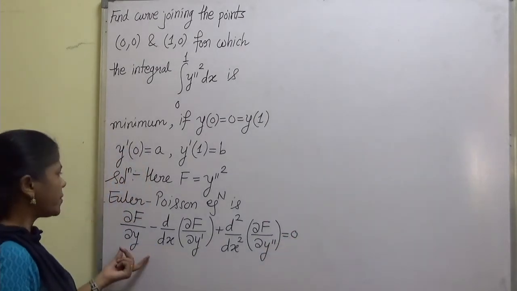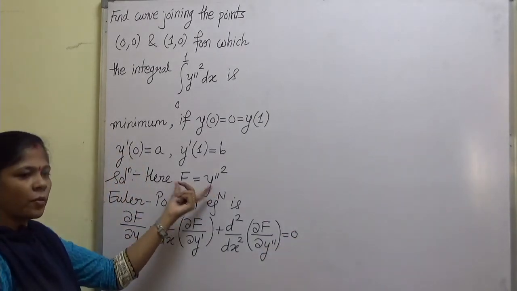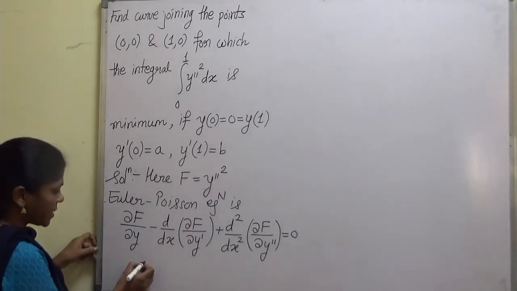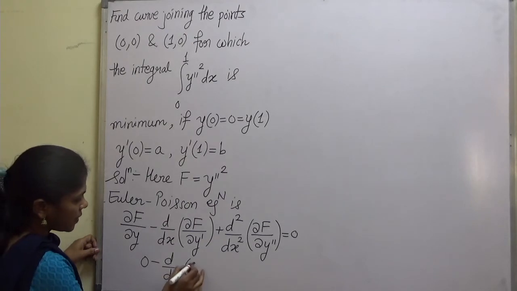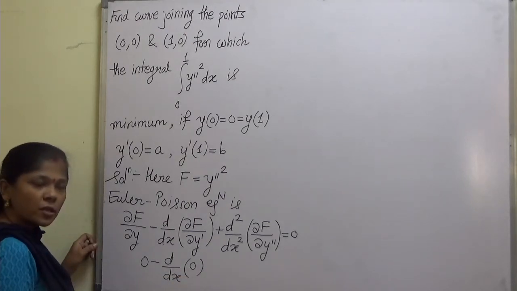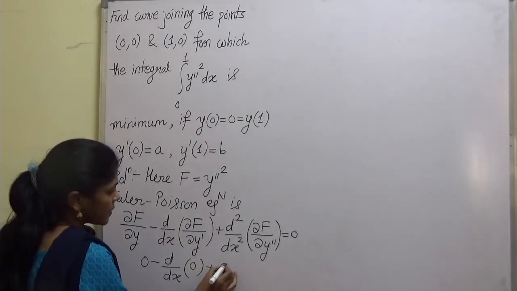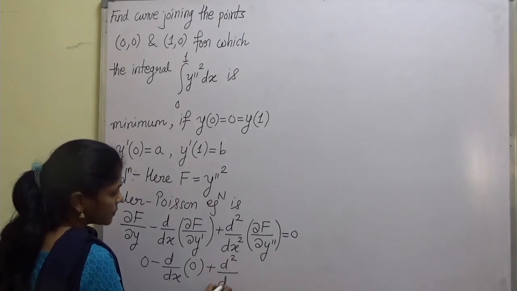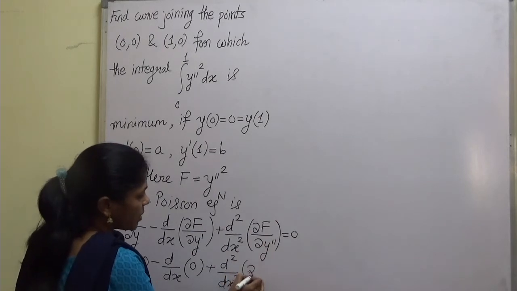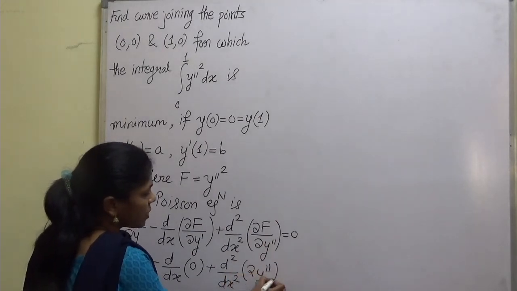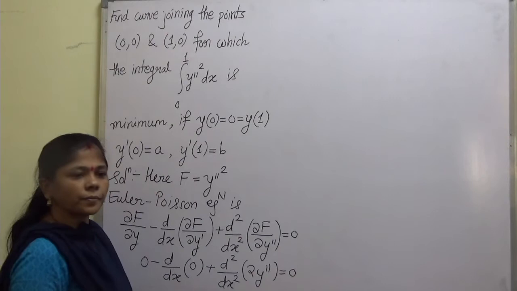Now find out the values. As f is involving only the y double dash term, the first is 0. Then the second derivative with respect to y dash is also 0, plus the derivative with respect to y double dash will be 2y double dash equal to 0.